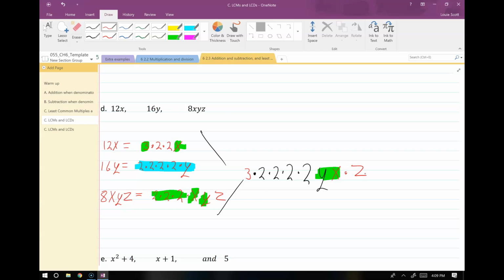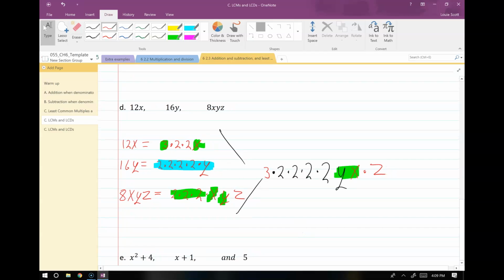And basically, if you look at the other method that I was using for this, that method works. If you say, well, these contain factors of 2, what's the most that it has? Well, it has 4. So that's what this has to contain. And if you say, well, there's a factor of 3 in one of these, we write the most factors of 3 that one of these has, which was just 1, so we have that here.